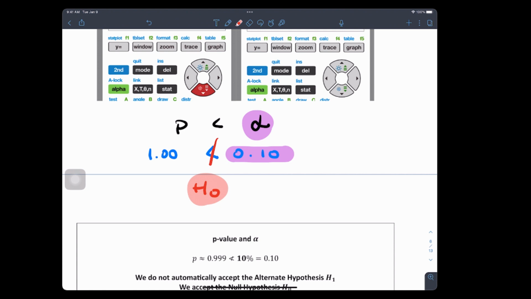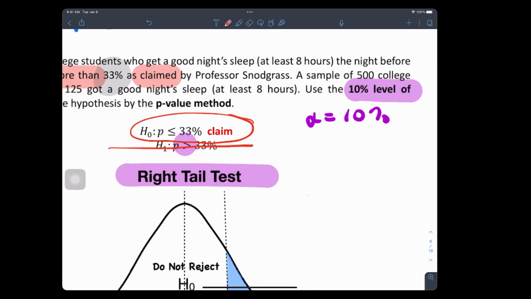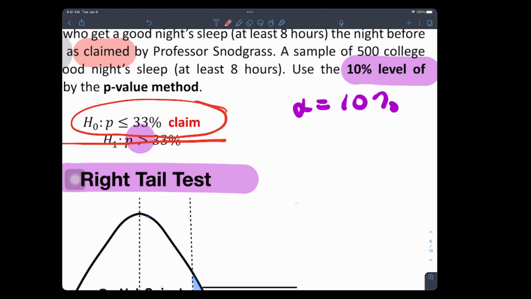So the probability is 1. Well, it's close to 1. It's almost certain to get that. We're going to accept the null hypothesis. Accepting the null means the alternate is out. So the formal conclusion is going to be: the sample supports the claim.